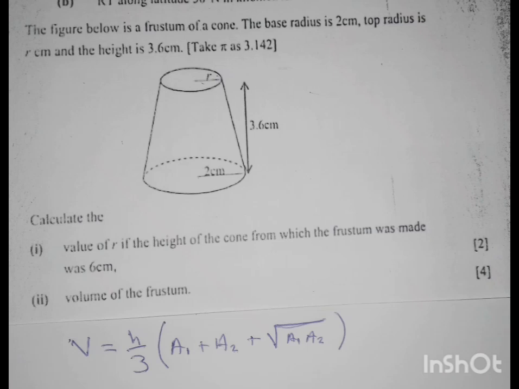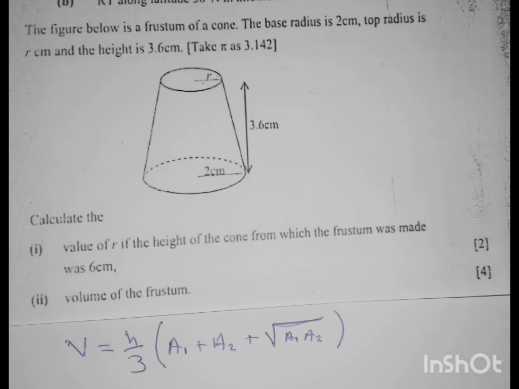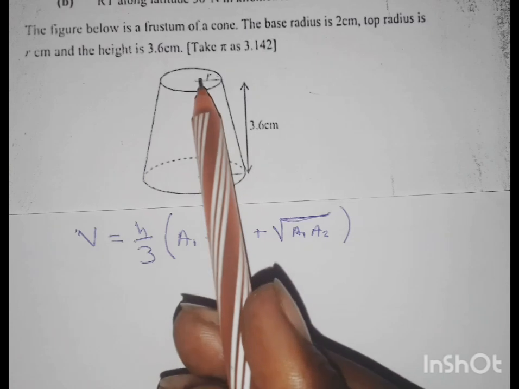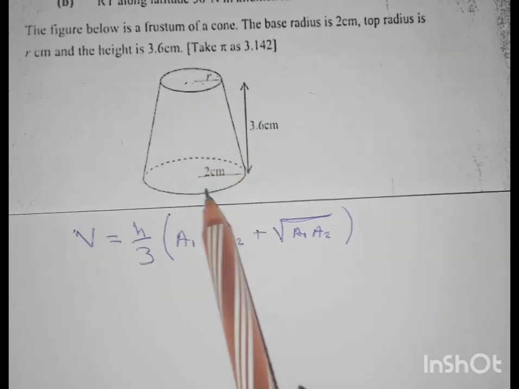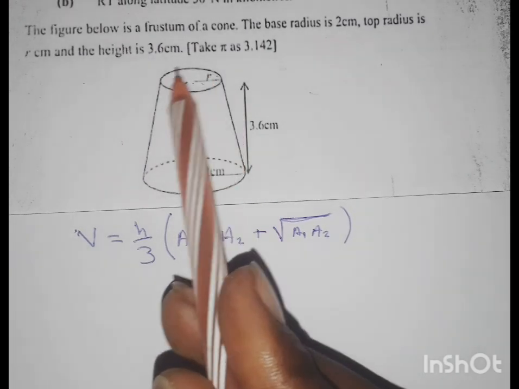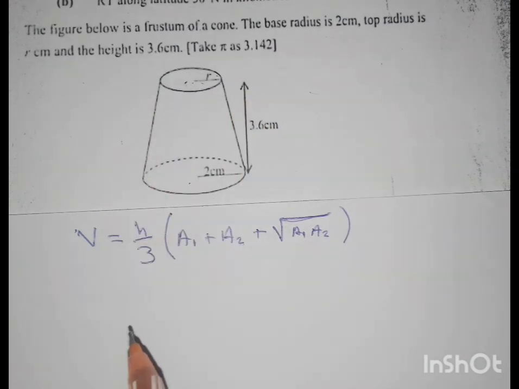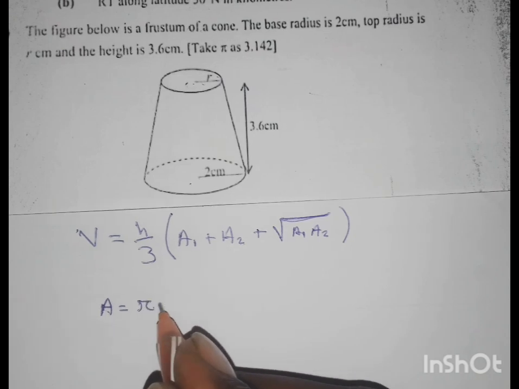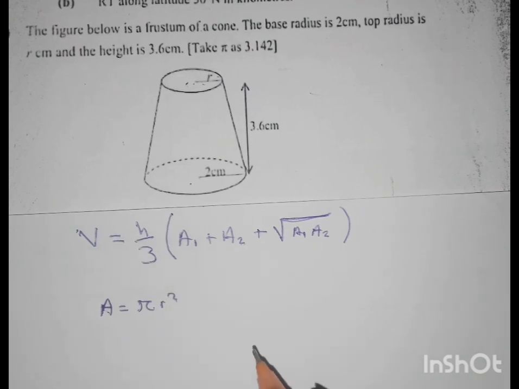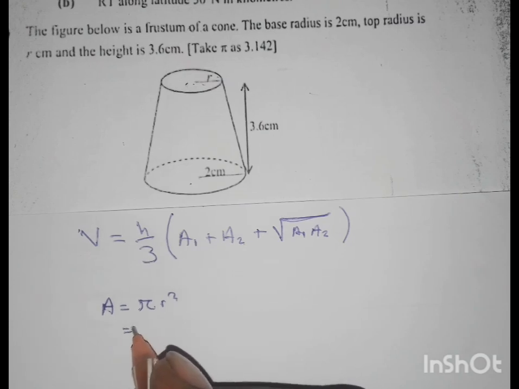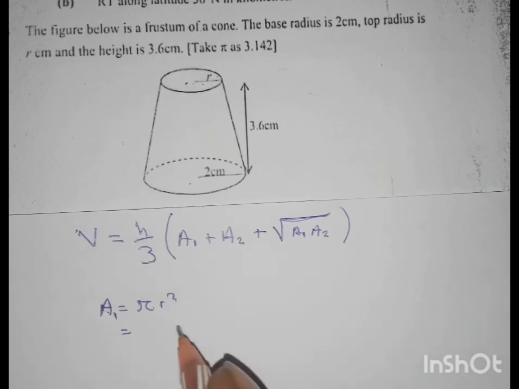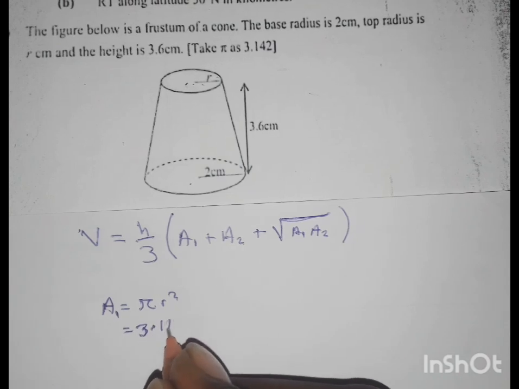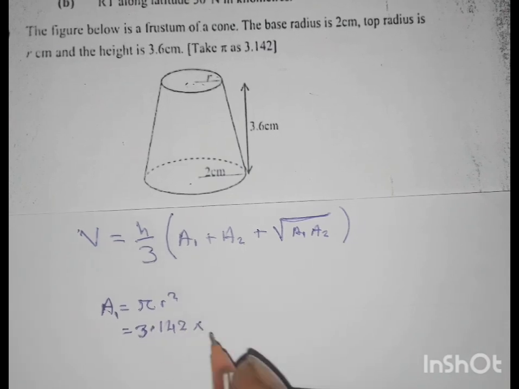The first thing we're going to do is find our two areas. The first area is for this one, so this is area 1 and this is area 2, for these circles. What's the formula for finding the area of a circle? The area of a circle is given by pi r squared. So our area 1 will be pi, which is 3.142, times r squared.